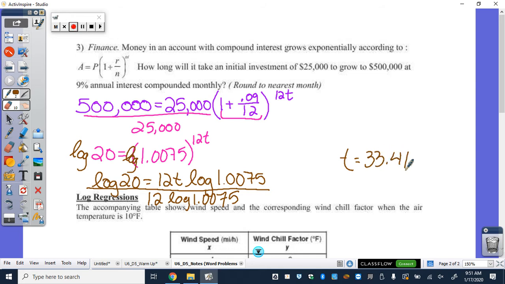I got 33.41. But that's not really our answer, though. That's 33.41 years. T for this equation is always in years. They wanted to know what, though? They wanted to know to the nearest month. So what do I have to do to my number? Times it by 12.